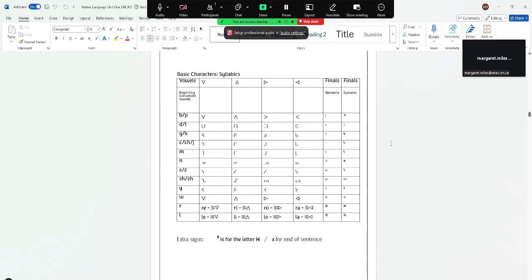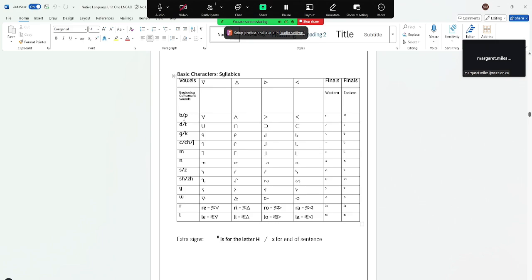And in this chart, on the top is E, I, O, A. So that's written in syllabics. Syllabic writing. The second row, we're going to do the beginning consonant sounds here on the left hand side.